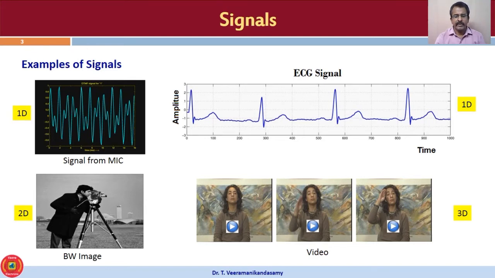The P wave represents atrial depolarization, the QRS complex represents ventricular depolarization, the T wave represents ventricular repolarization, and the U wave represents papillary muscle repolarization.